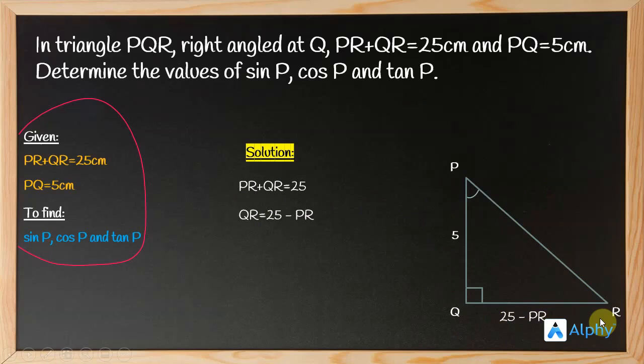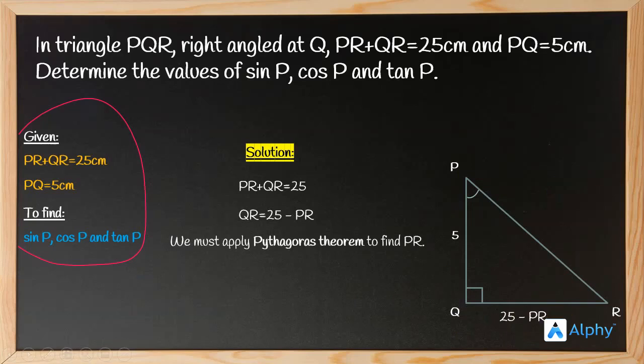Right guys? So what is that one relation that you can apply in any right triangle? Yes guys, it is the Pythagoras theorem. So now we must apply the Pythagoras theorem in order to find our missing side, which is the PR side.